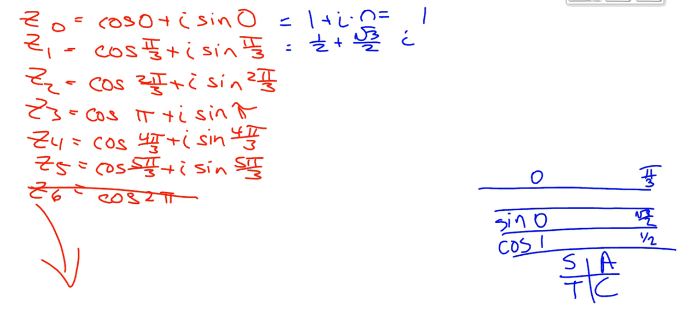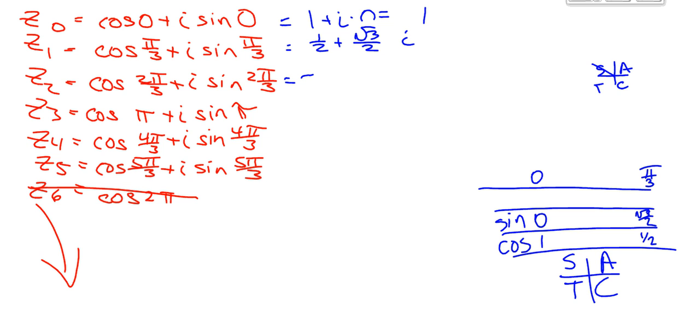Now 2 pi over 3, so I'll write my little picture across from this. 2 pi over 3 is now all students take calculus is over here. Do you agree? So sine is positive, but cosine is negative, correct? So this will be negative.